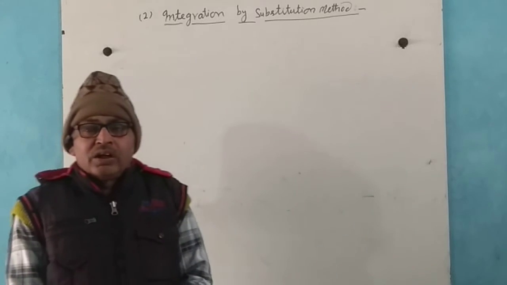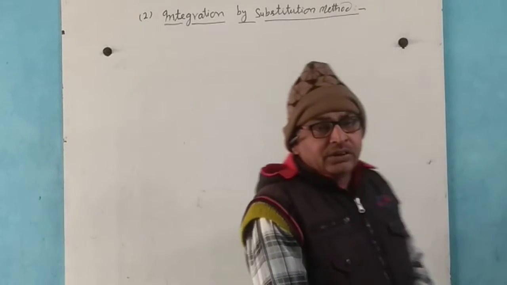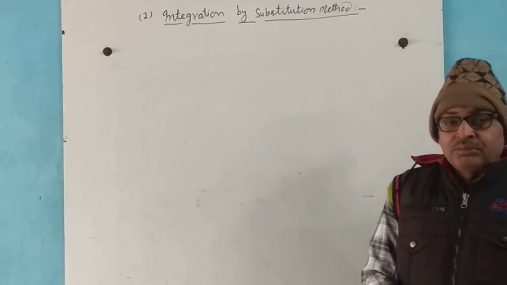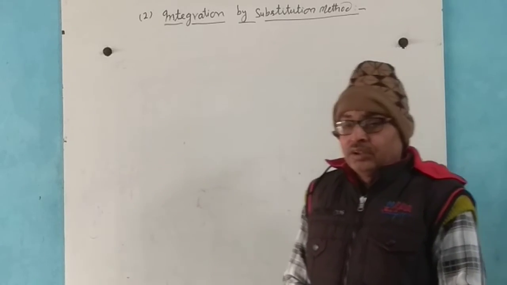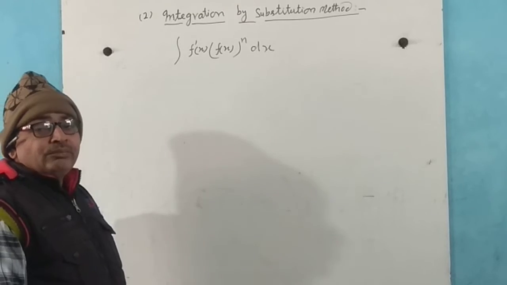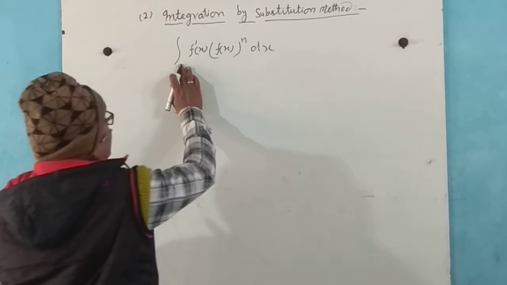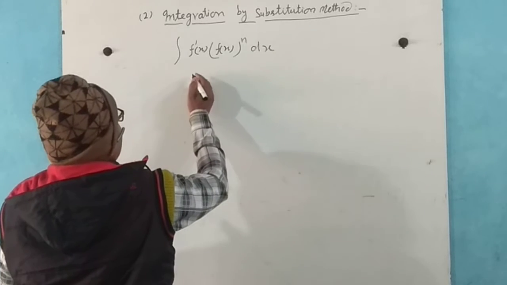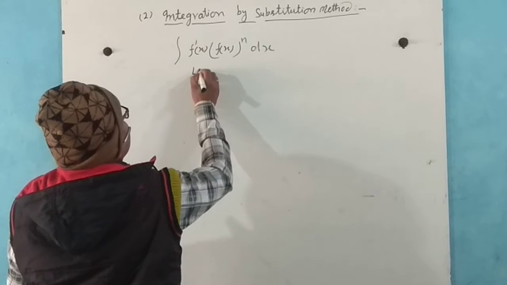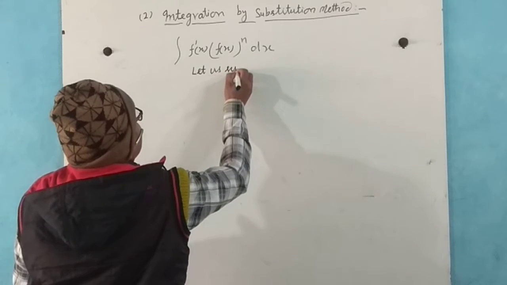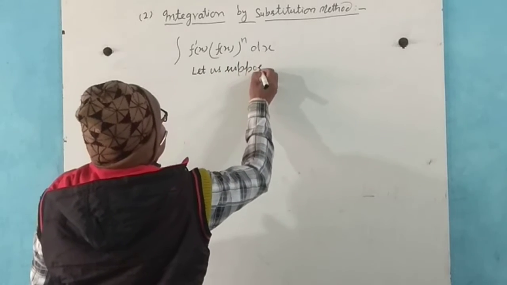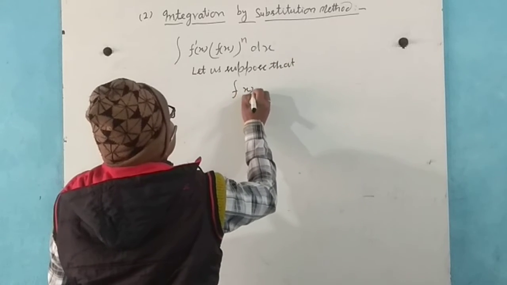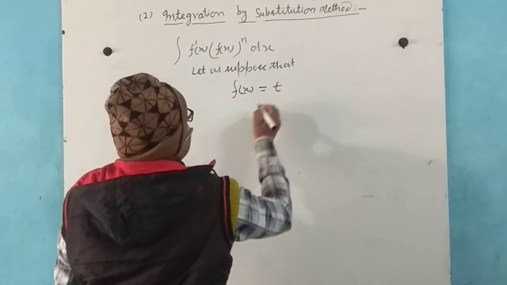Today we are going to study integration by substitution methods. For the integration of f dash x times f x to the power n dx, let us suppose that f x equal to t.